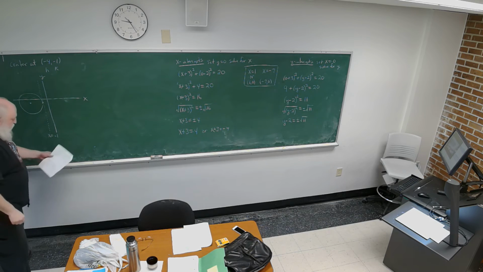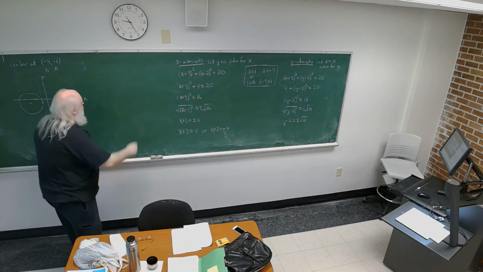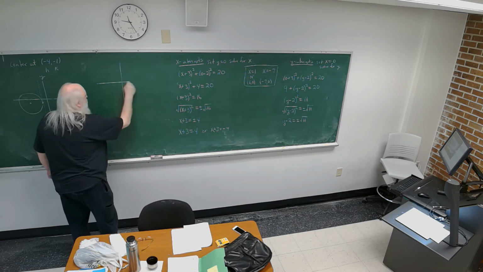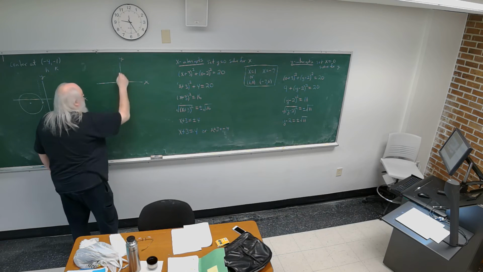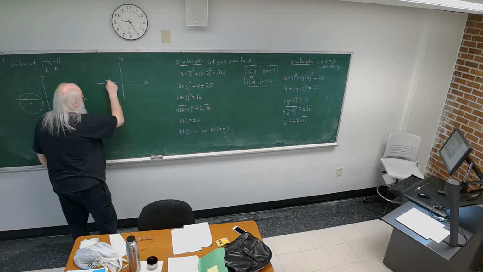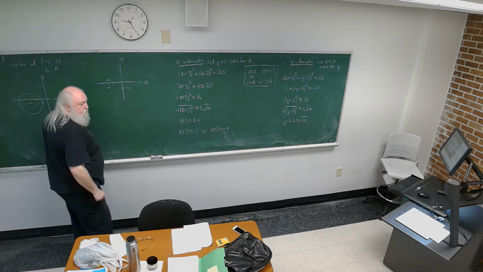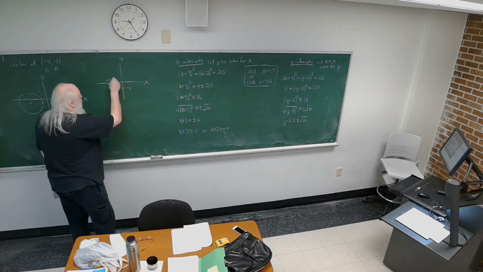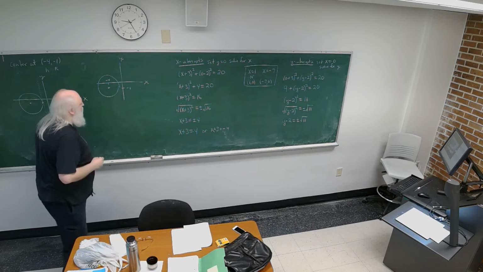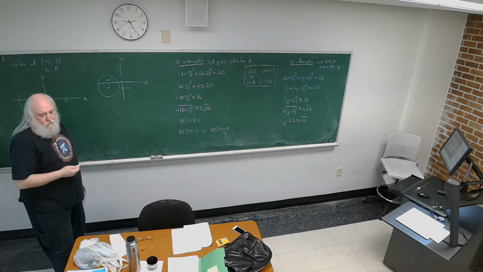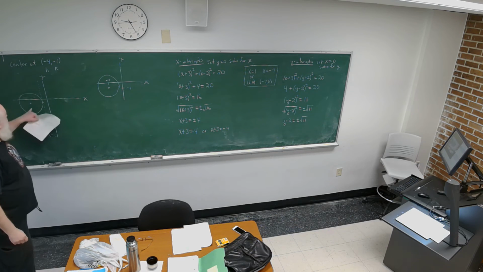Now, I provided you with a grid, ladies and gentlemen. So you can just go on your grid, go to minus 4 on the x-axis and then down 1. What I have a problem with is drawing a good circle after the grid is drawn. And that's why I draw the circle first.